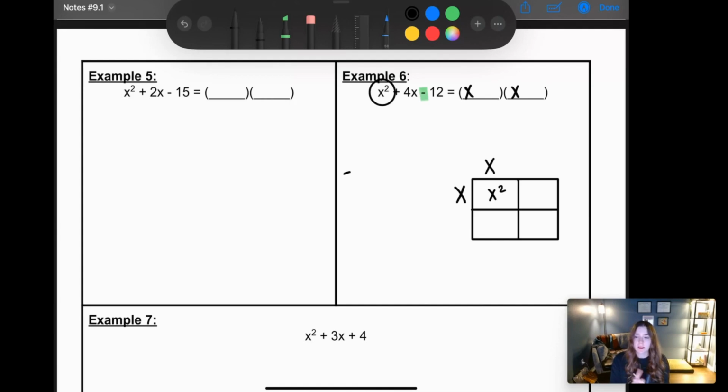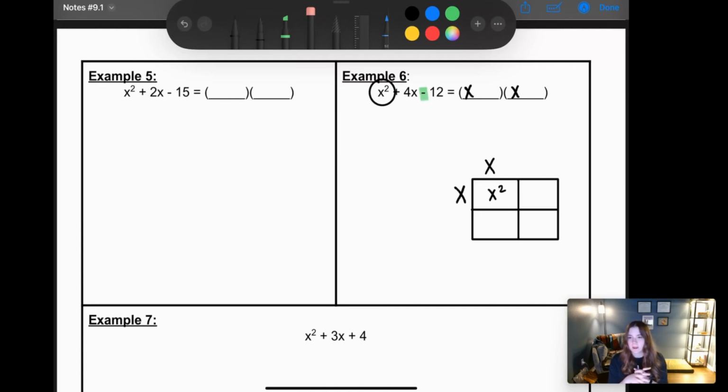If you multiply two negative numbers, are you going to get a negative? No, negative times a negative is a positive, right? So one of your numbers has to be a negative. It's almost like subtracting. We're still adding, we're just adding a negative number, right? So what could we do to get 4 but multiply to get negative 12?